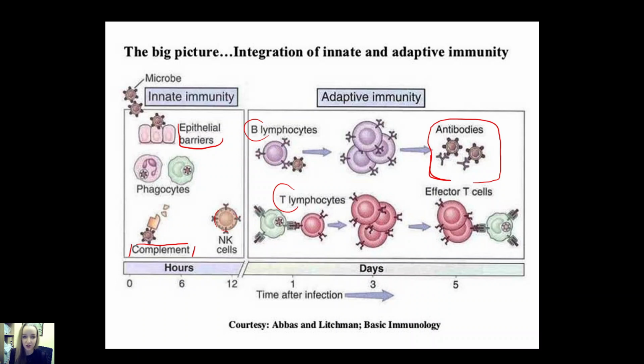An antigen in general is a substance that generates an immune response. So these antibodies can bind to antigens and block them or mark them for immune cells. So antibodies are important for humoral adaptive immunity.